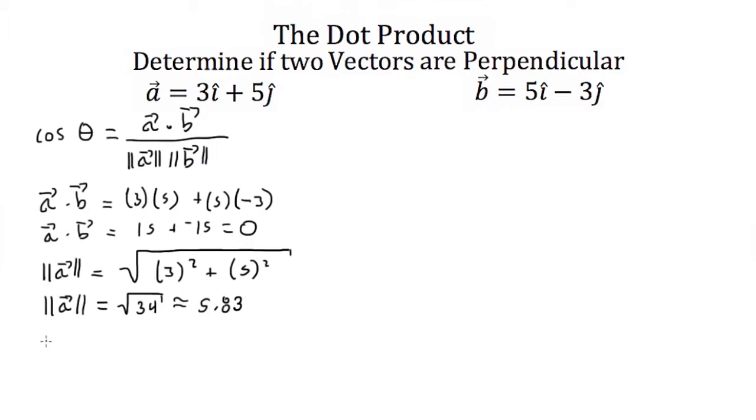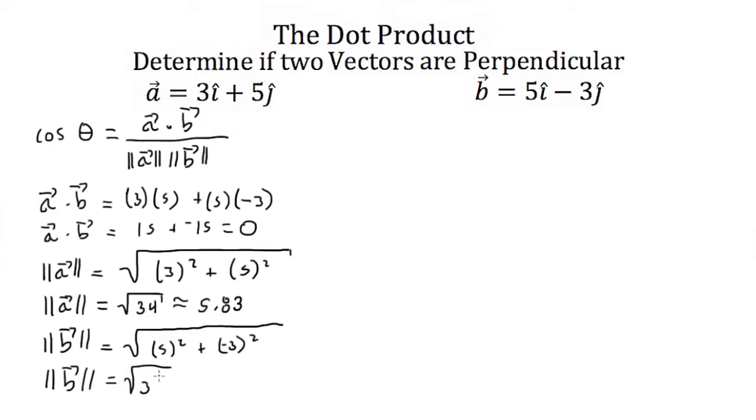Now the magnitude of B, that's equal to the square root of its x movement, so 5 squared, and its y movement, so negative 3 squared. Again, we're going to end up with the magnitude of B is equal to the square root of 34, which is approximately 5.83.